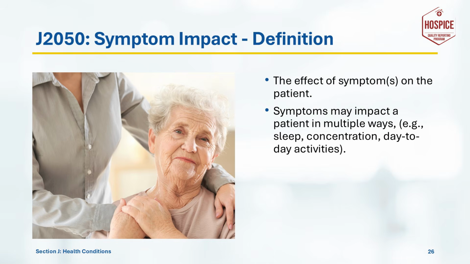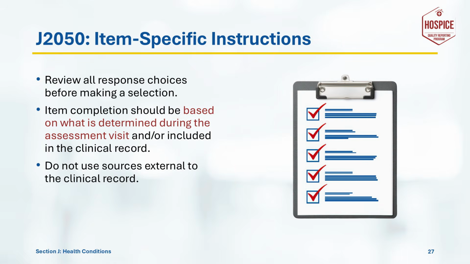Symptoms may impact a patient in multiple ways. For example, sleep, concentration, or day-to-day activities. Responses to this item should be made based on the clinical assessment at the time of the assessment visit and/or from information in the clinical record.